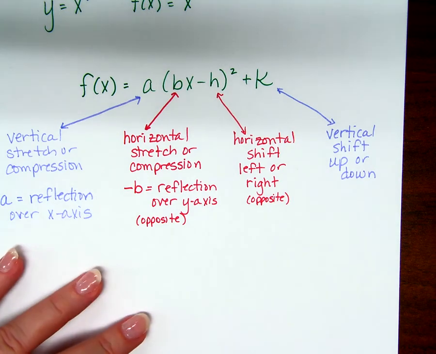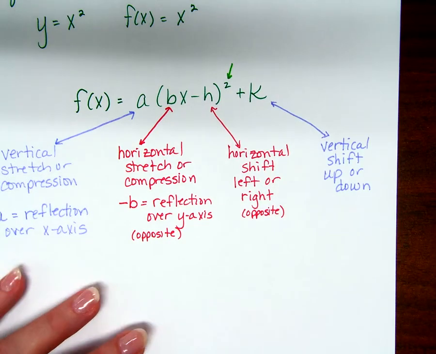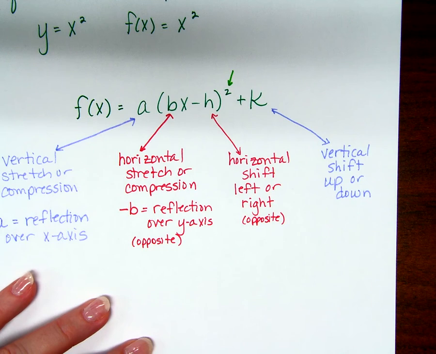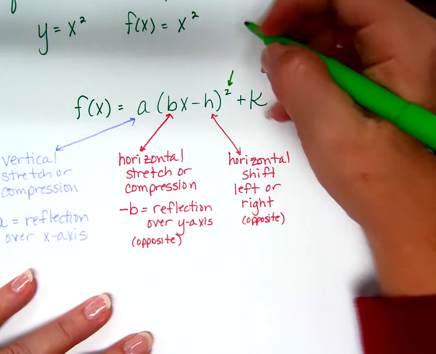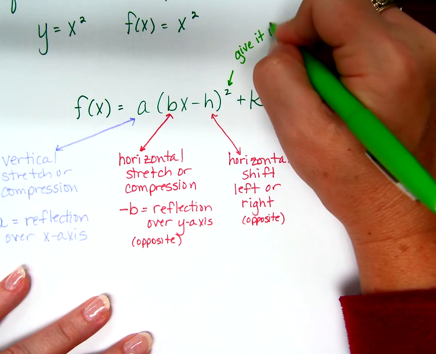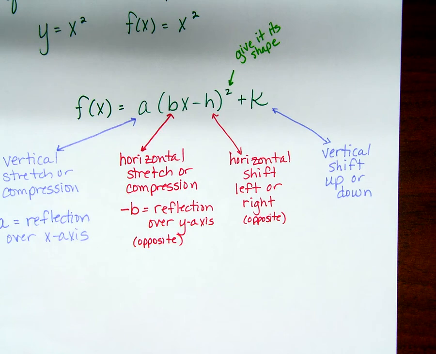Is that okay? What does that do? It's part of my parent function, so that's what gives it its original shape, right? It gives it its shape. That's how you know what parent function it is.